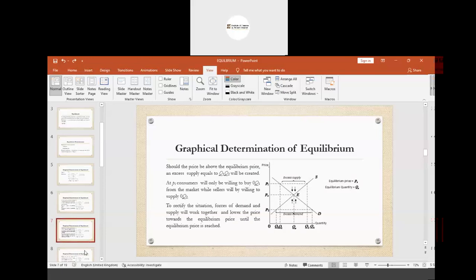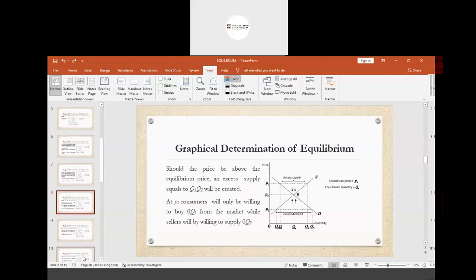And how does it do that? At those higher prices, P1, where we have excess supply, consumers will be willing to buy only Q1, while the sellers will be willing to supply Q2.